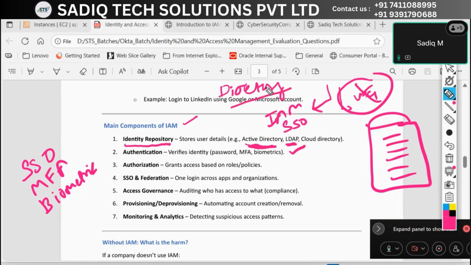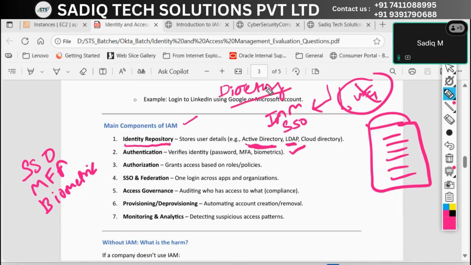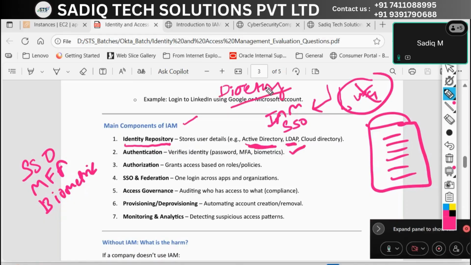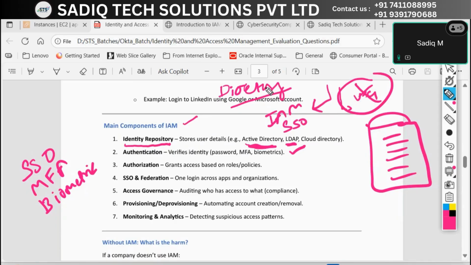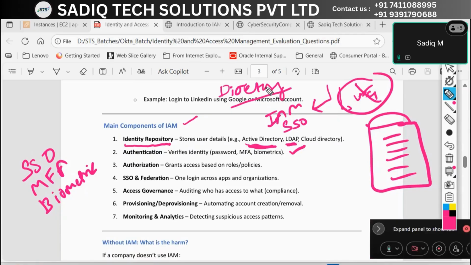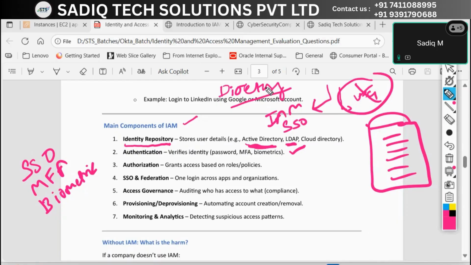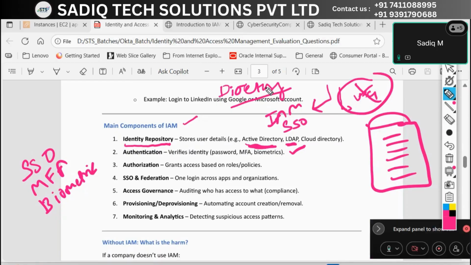Directory service means it follows a criteria to store the user details. Normally, for an application to store application data, what do we use? We use a database, either an RDBMS like Oracle, MySQL, or Postgres. All these databases we use, right?